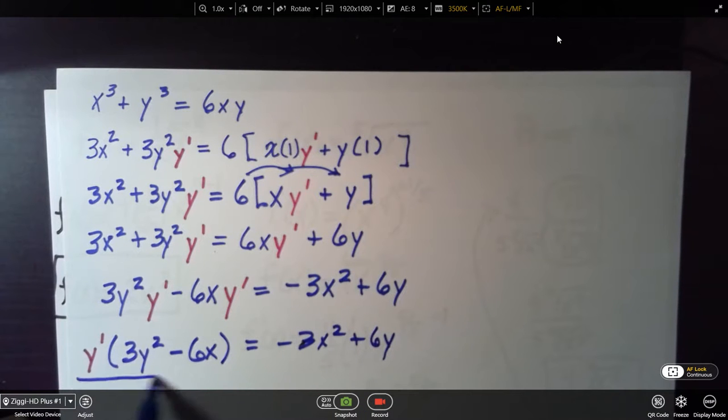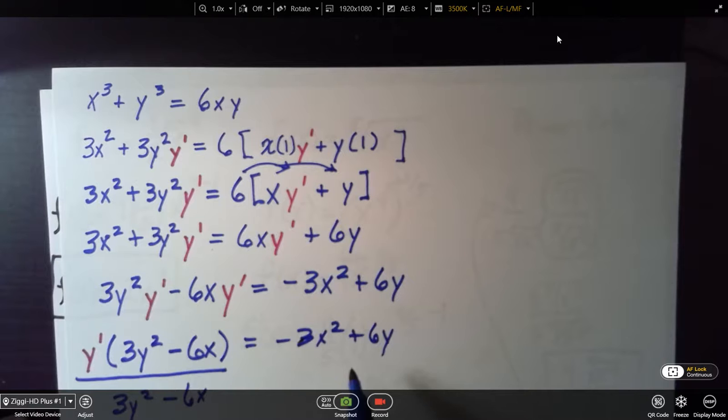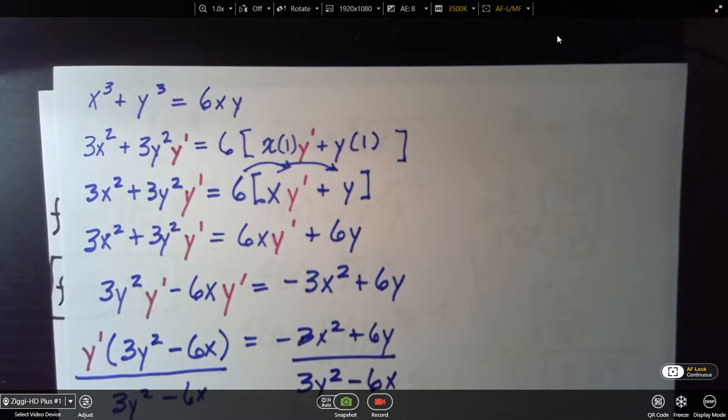Now divide by 3y squared minus 6x. Now you can factor out a 3. Don't factor out a negative 3 because it's not going to help.